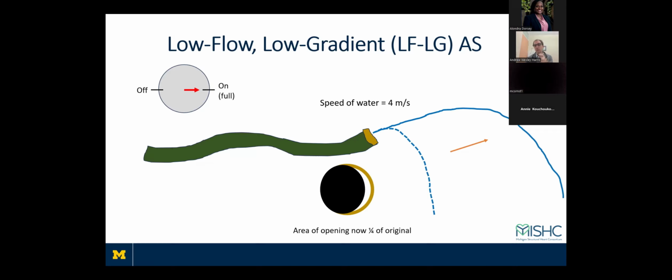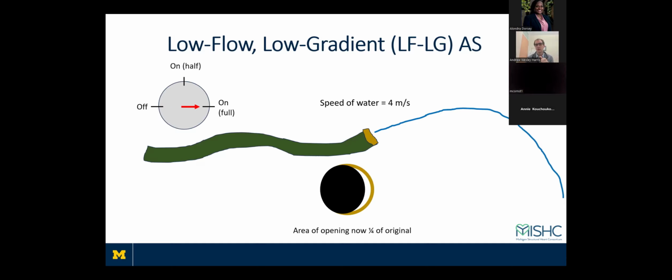Okay, what if we keep our thumb over the end of the hose so that it's still covering up 3/4 of the end of the hose. But in this situation, now we're turning the spigot down and the flow of water has been cut in half. So now what are we expecting to happen to the water as it's shooting out of the hose as compared to that high speed of 4 meters per second?